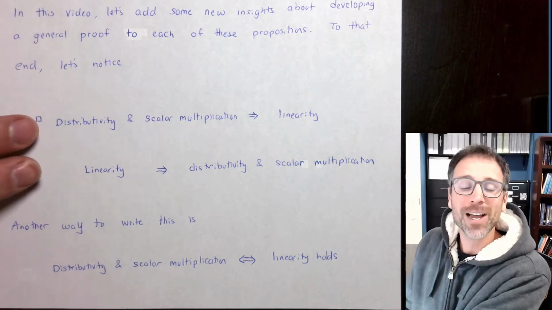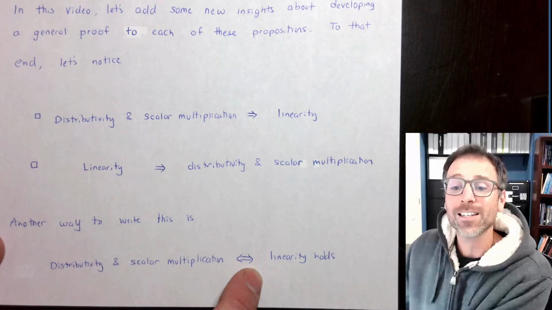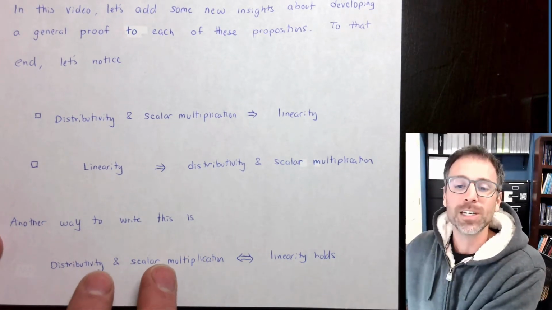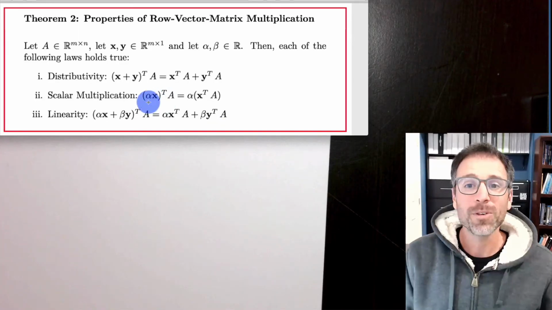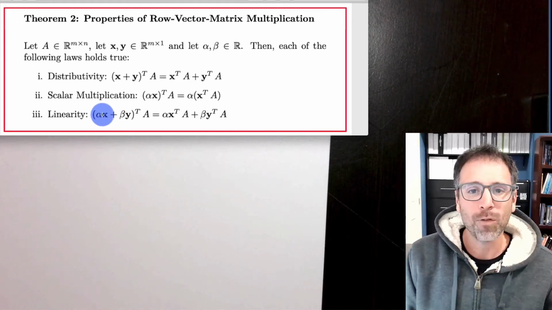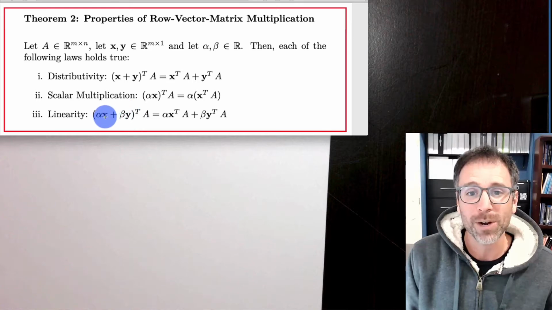Now, as a mathematician, I recognize that once I have these two statements, I can combine them into a biconditional statement, a two-directional conditional statement, which is: distributivity and scalar multiplication is equivalent to linearity. The intuition I'm using is that when I look at linearity, I have an alpha x plus beta y. Well, for the addition, I could just think of this as a vector and that as a vector, so I'm back in the distributive case, which means I could break up this addition into the addition of the outputs.